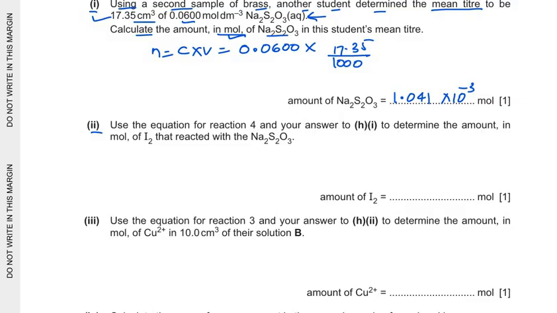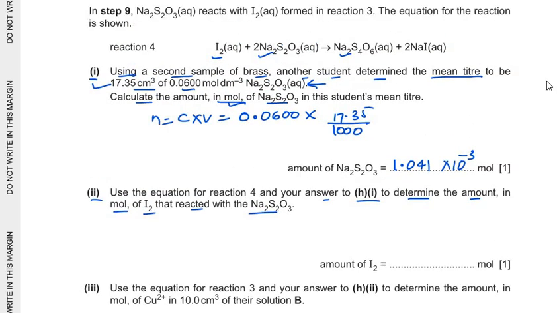Use the equation of reaction 4 and use your answer to H1 to determine the amount in moles of iodine that reacted with sodium thiosulfate. So reaction 4, if we check, iodine and sodium thiosulfate, the moles of iodine are half the moles of sodium thiosulfate, because here the ratio was 1:2.